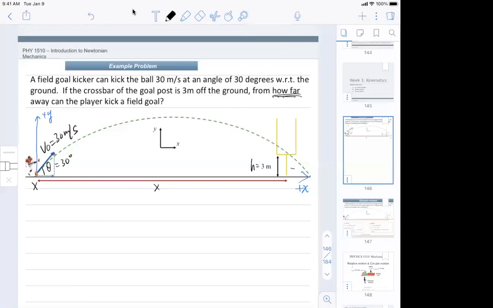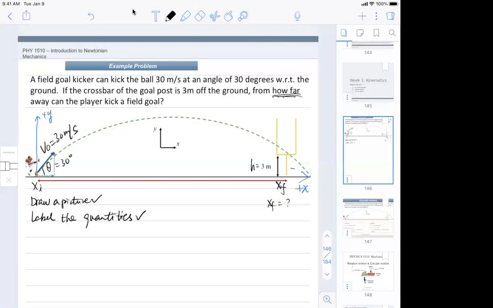If this is x initial, then this is x final, and we want to know x final in the horizontal direction. Okay, so I have labeled the quantities. Draw a picture, we did that. Let's label the quantities.